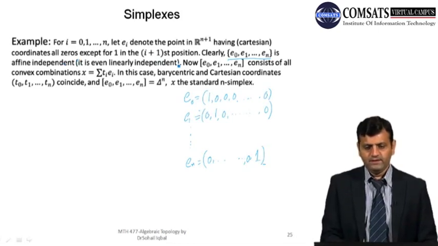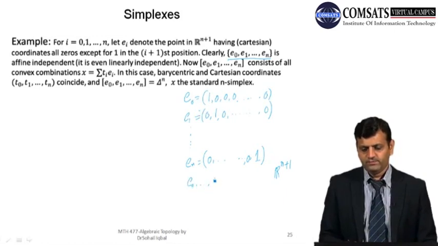These are affinely independent because these are points of R^(n+1), and basically this is the standard basis of R^(n+1), so of course they are linearly independent. If these are linearly independent, then we can also say that e0 up to en are affinely independent, because we have observed that if a collection of points is linearly independent, then they are affinely independent as well.